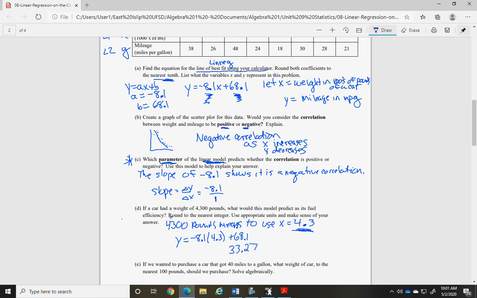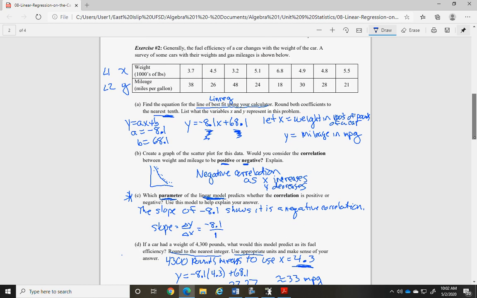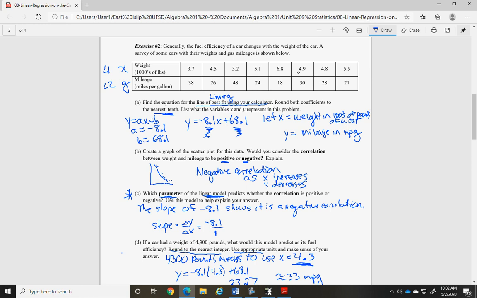Let's read this. It says round to the nearest integer and to use appropriate units, and make sure the answer makes sense. So I get about 33 miles per gallon. And does it make sense? Take a look at the table, even the chart. If I look for something in my table around 4.3, I could see what the mileage turned out to be.